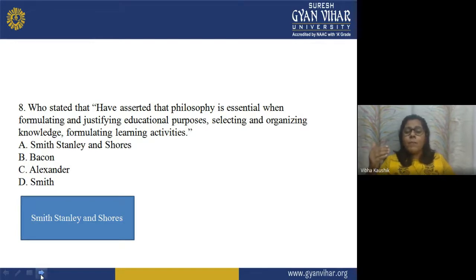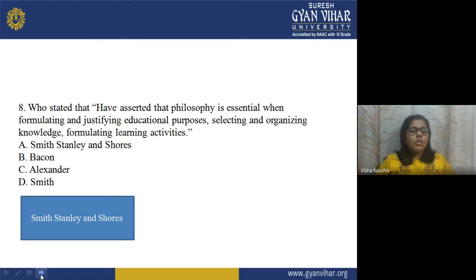It means philosophy plays a very important and essential role when we are formulating and justifying our educational purposes, selecting and organizing the content or knowledge to be presented before the learner, and formulating learning activities to impart this curriculum.